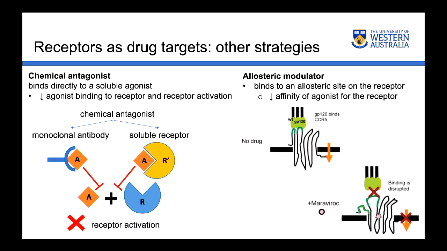It will first bind to CD4 on a CD4 positive T cell, and that interaction will then cause a conformational change to allow the binding of CCR5, which is a co-receptor with GP120.